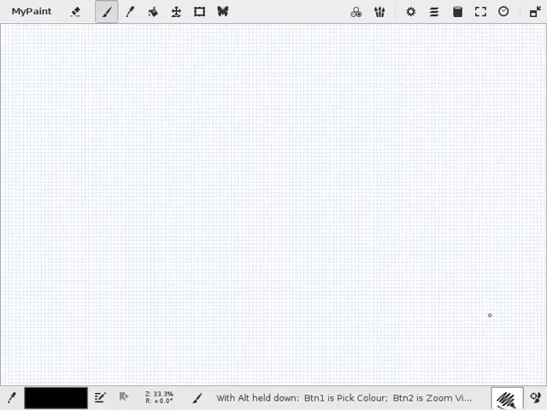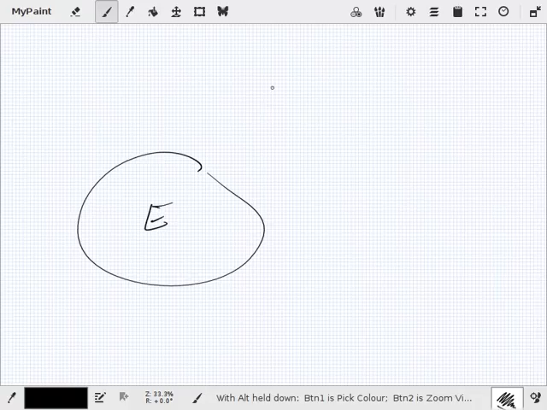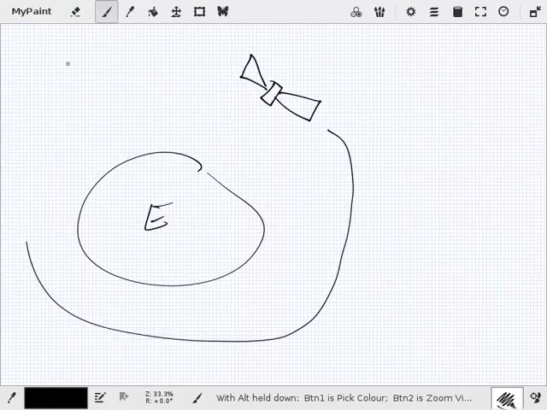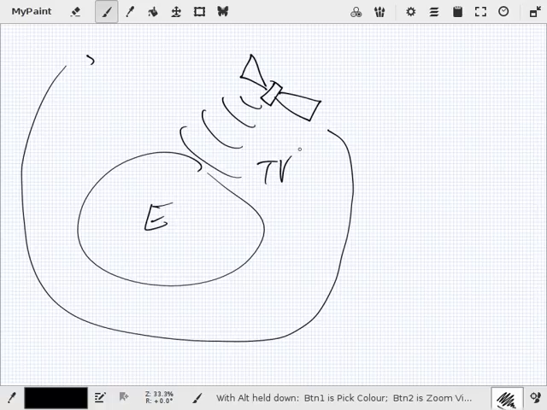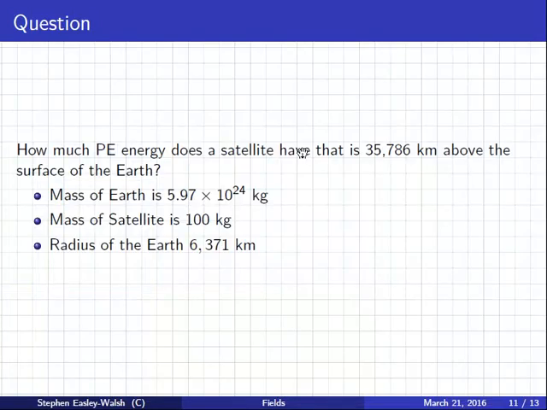So here is the Earth, and a satellite is in space, travels around the Earth. Maybe it sends your TV signal down. Yeah, this is a satellite. Which country had the first satellite? Russia, yeah.